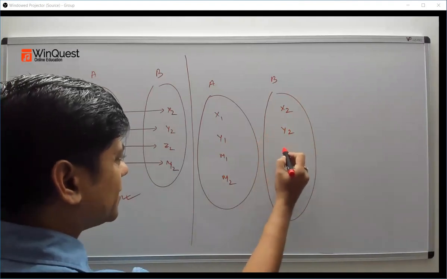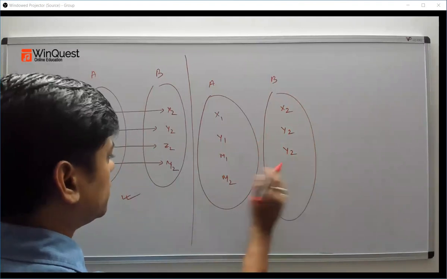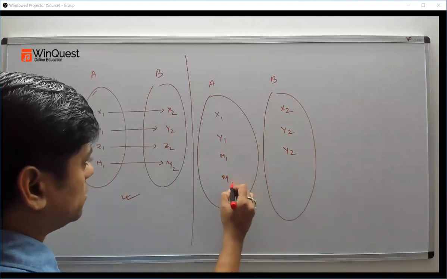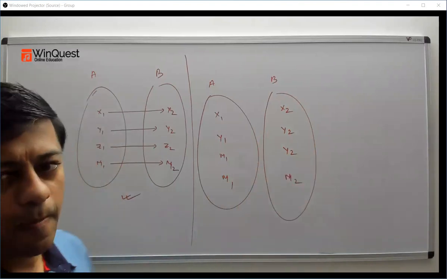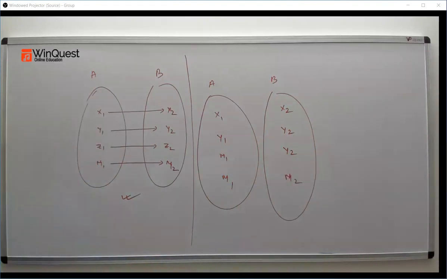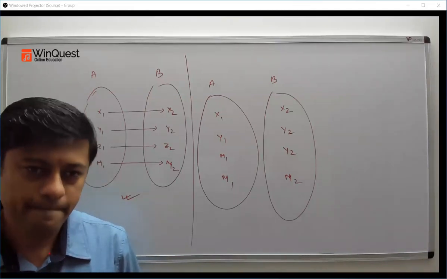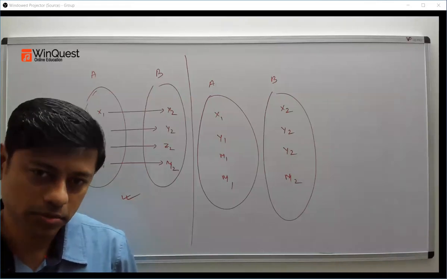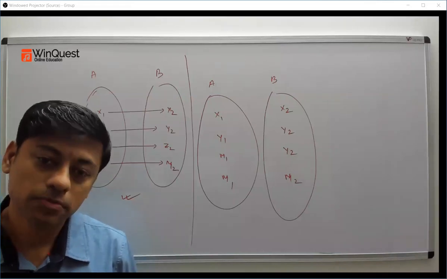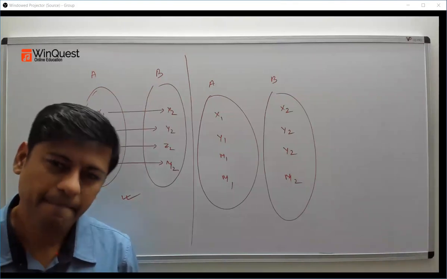Sorry, this is M1, M2. In this case, will they be a function? No, it has repeating values. M1 repeats. Everybody agrees? Not a function because M1 has two values.